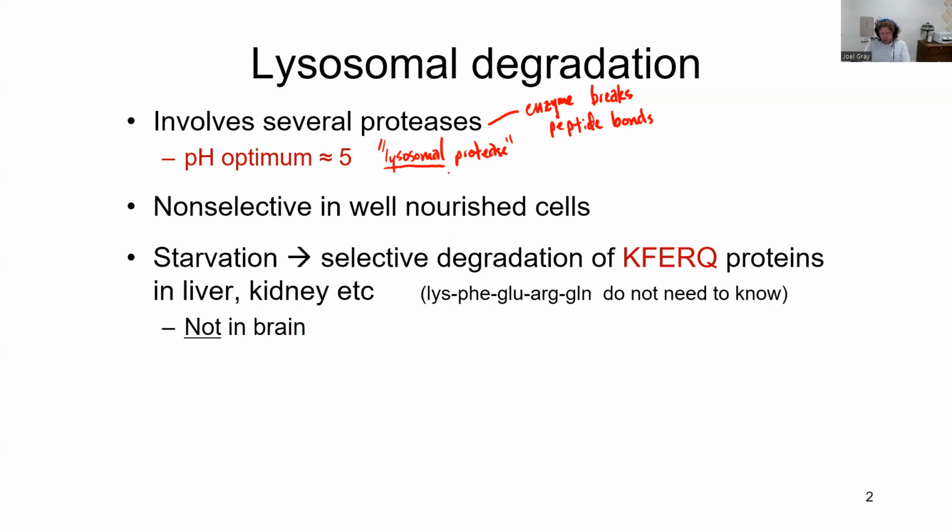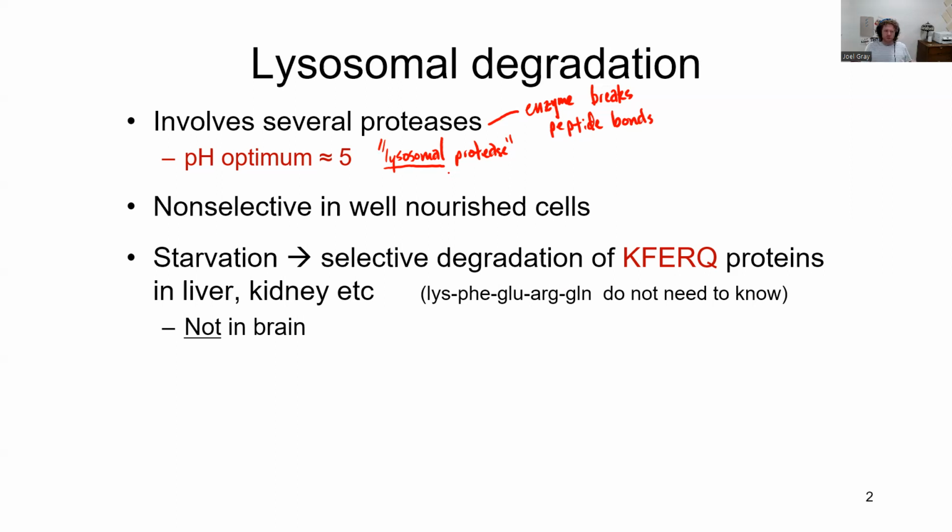Under starvation conditions, however, I want you to think about this as, well, under starved conditions, that cell is really seeking out some sort of nutrients. And so what it's going to do is say, effectively, what are the targets, what are the proteins that I can degrade and not undermine my existence?